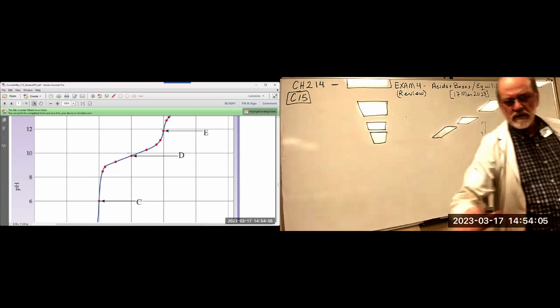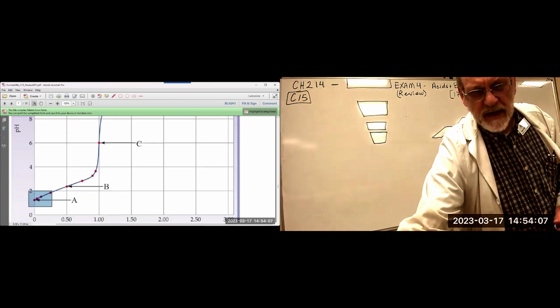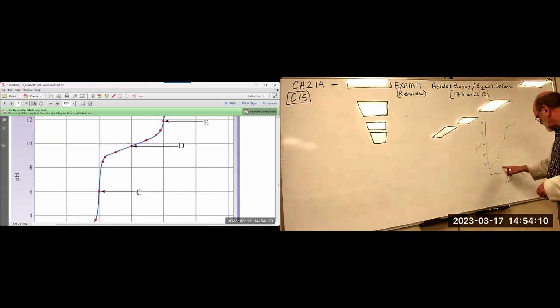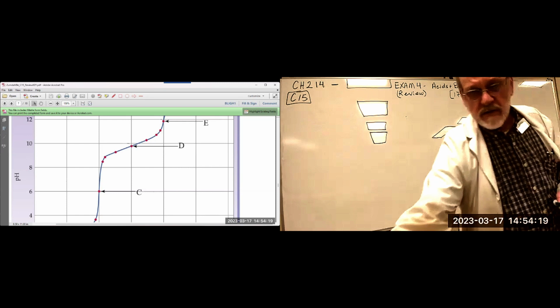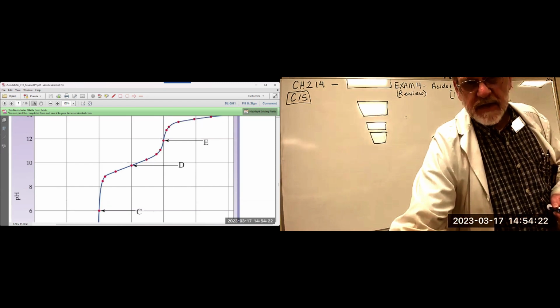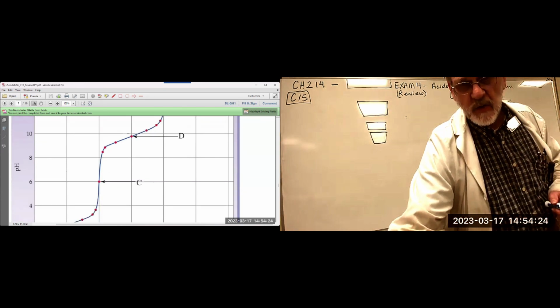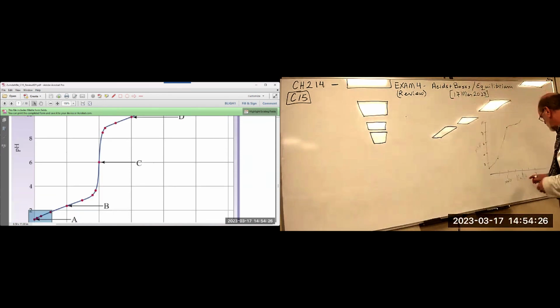And it's going to reach the middle of that one at 1.5 moles right here. Okay, and then it's going to go out here like that. And it's going to reach its second equivalence at about pH 12 and 2 moles. So I need to squinch it a little bit. About right here. Okay.